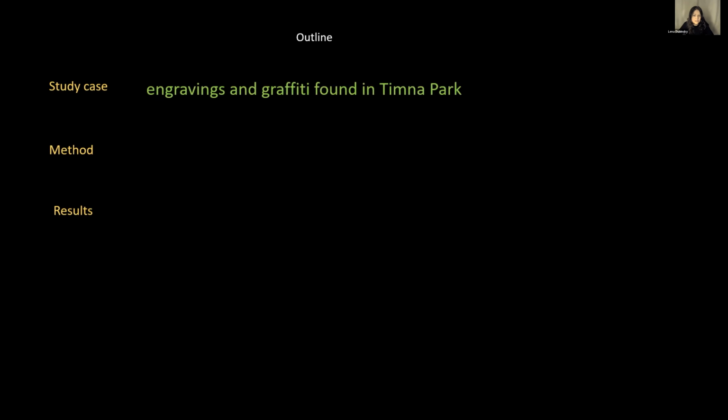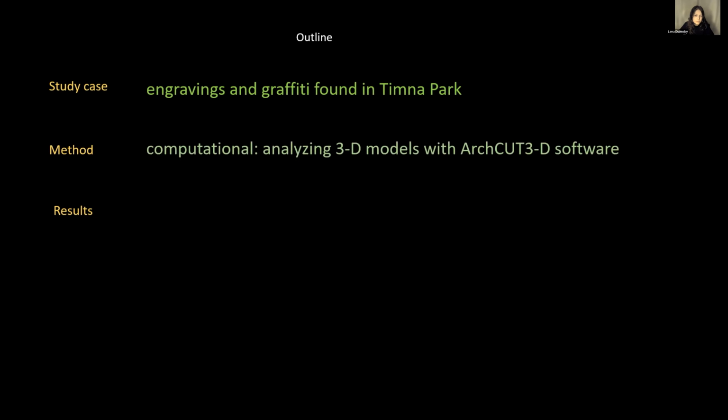Our case study will be engravings and graffiti found in Timna Park, Israel. The method will be computational. I will walk you through the process of computational analysis of 3D models of engravings with ArcCAD 3D software, especially developed for this.